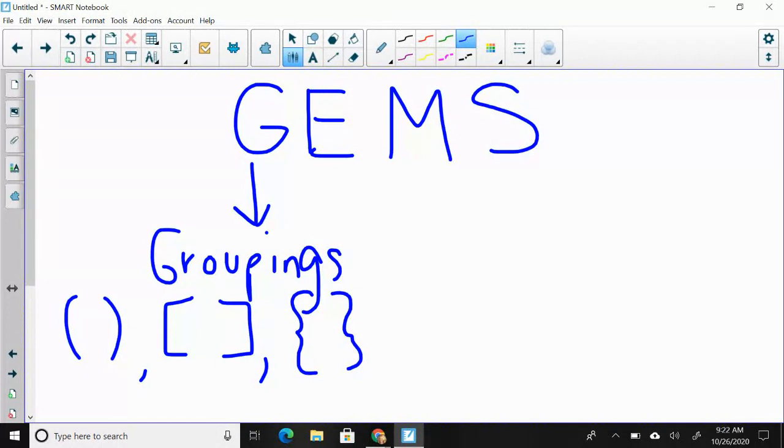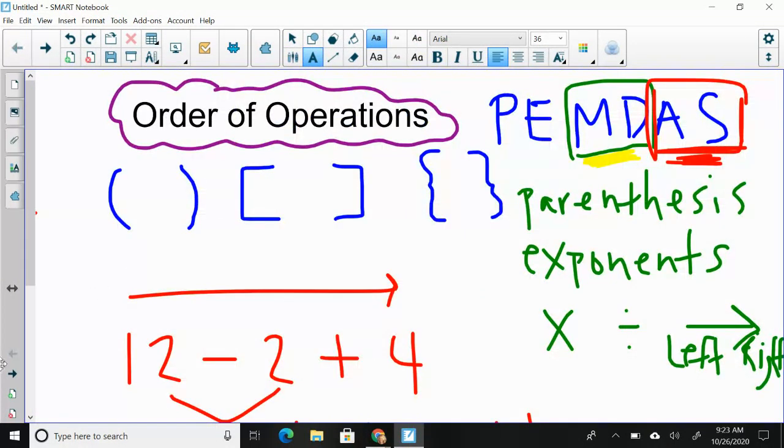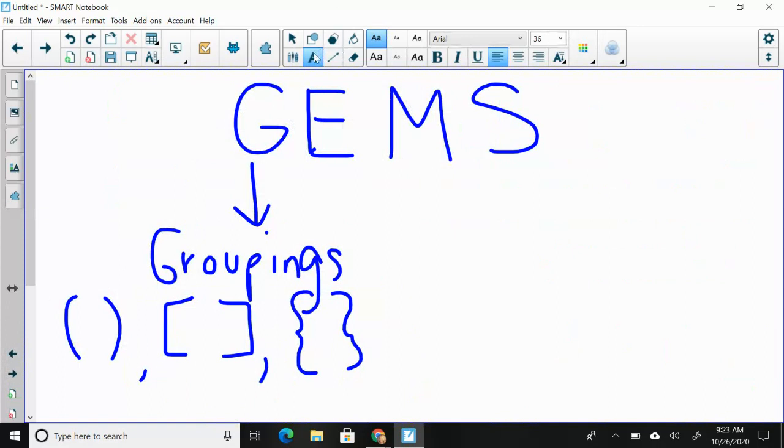Exponents is still exponents. You try to type that in here. This would be exponents. Let's try this again. Exponents. Okay. And then the M is multiplication and division, left to right.